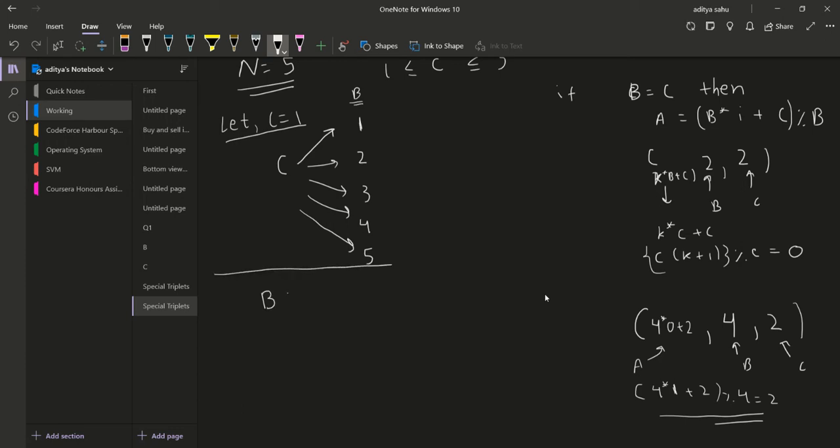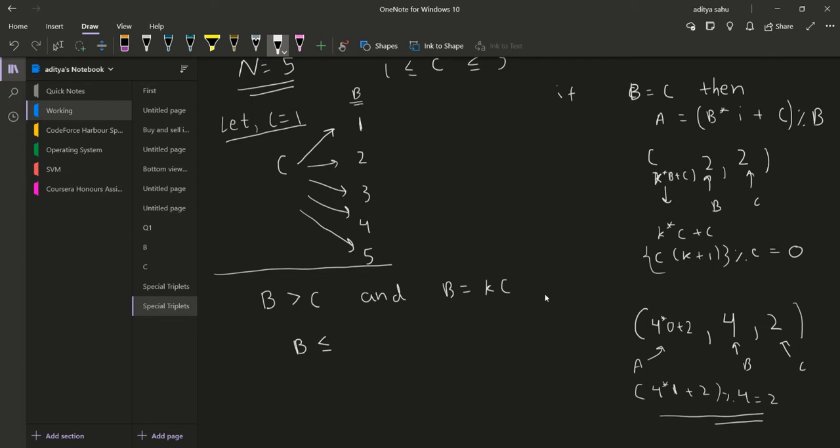So B should effectively be greater than C, and of course B is a multiple of C, right? And let's find out where the B value can range.